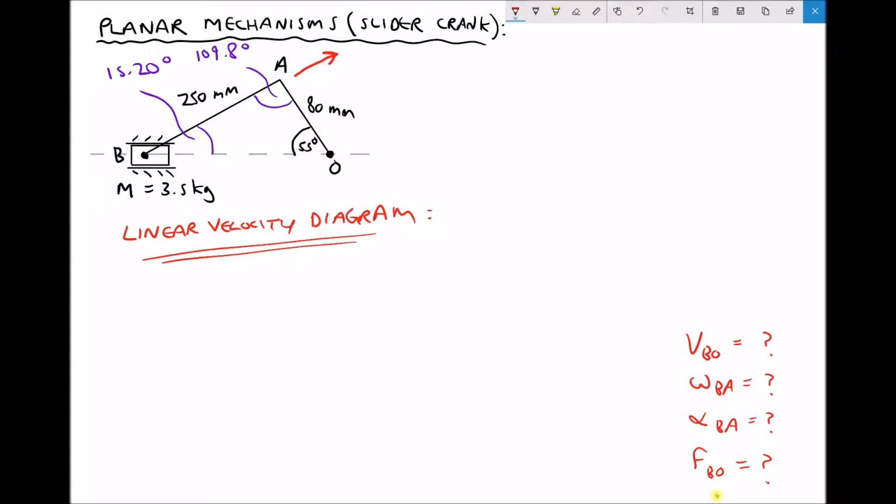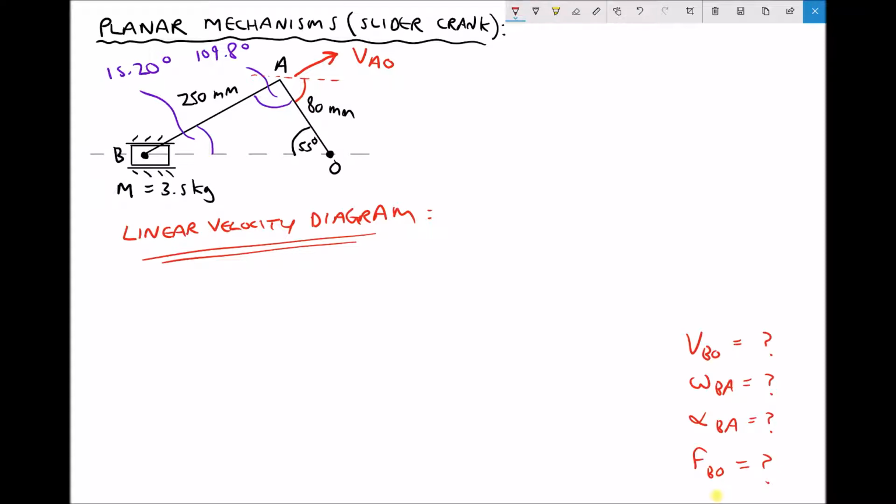Now, the direction for the velocity of A relative to O can be determined from our sketch, because if we have a horizontal datum here, then we can use the rule for alternate angles. We have an alternate angle here with the 55 degrees. Therefore, that angle is also 55 degrees.